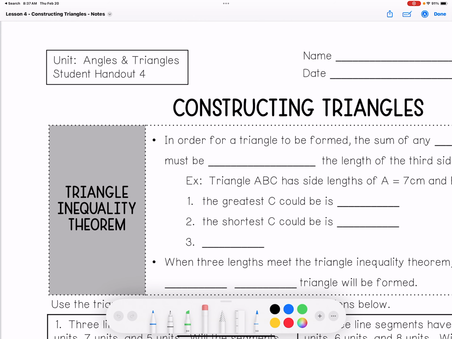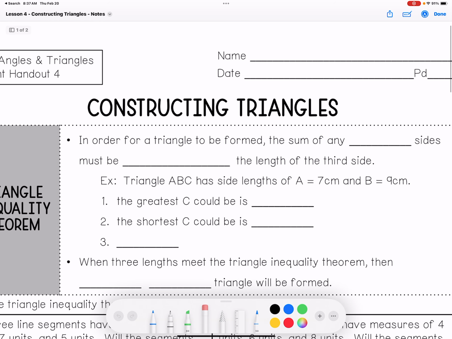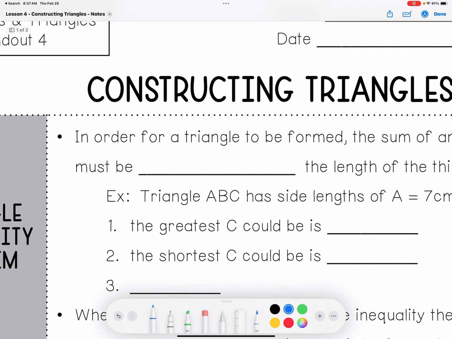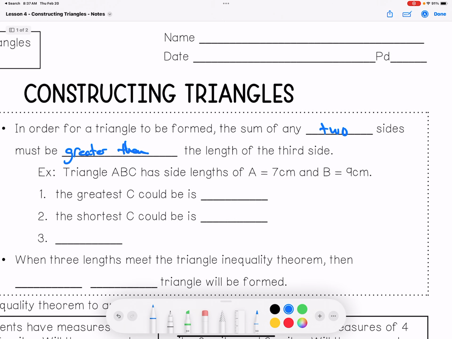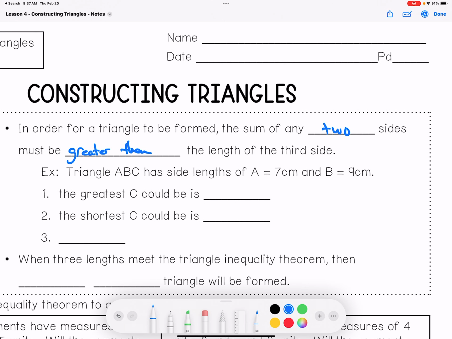It says, in order for a triangle to be formed, the sum of any two sides must be greater than the length of the third side. So in order for a triangle to be formed, the sum of any two sides has to be greater than the third.